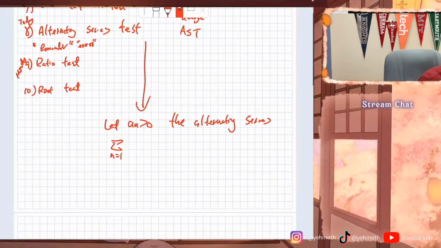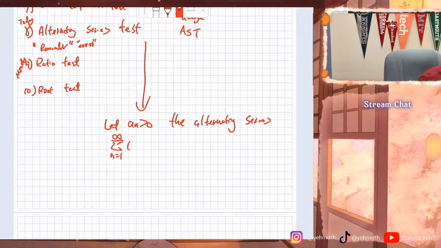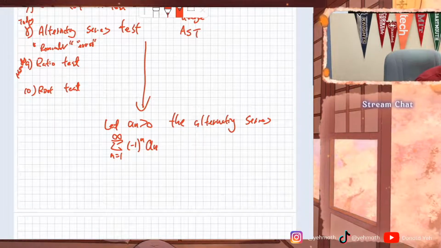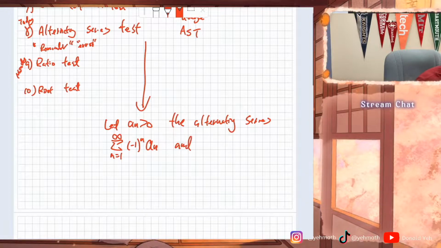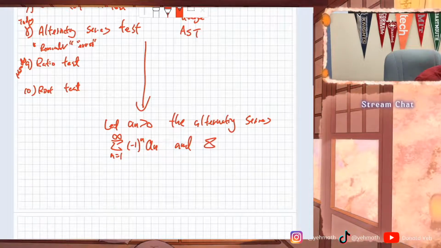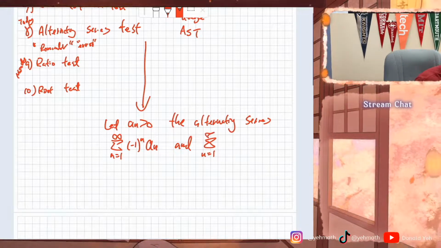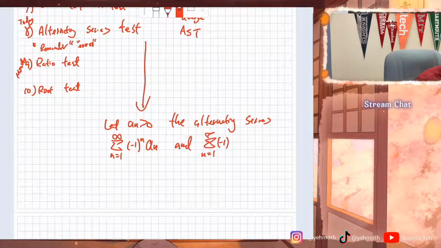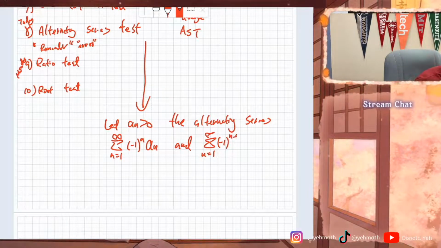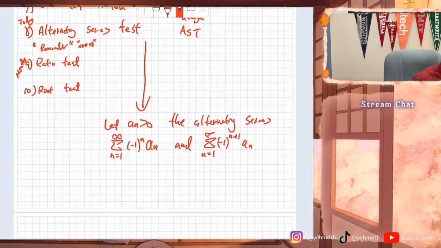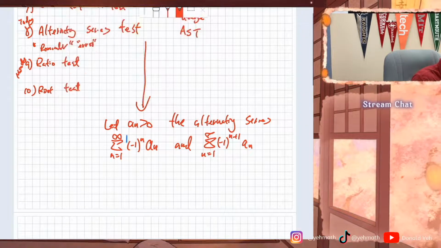The sum from n equals 1 to infinity of (-1)^n a_n, and the sum from n equals 1 to infinity of (-1)^(n+1) a_n. We've seen that before, but we just didn't do anything with it. Now, the only thing is this part is what's called alternating.